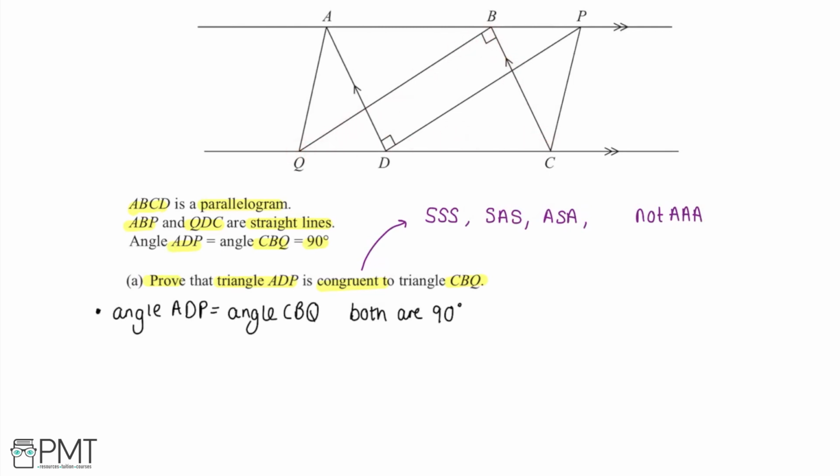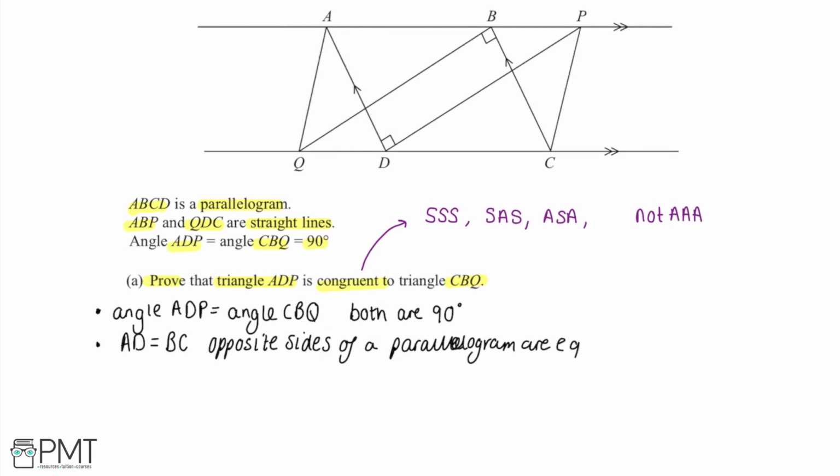So we have an equal side length in both triangles, and I can write this down too. So AD is equal to BC, and we do just need to give a little bit of reasoning here just to support our proof. And I'm just going to write down the opposite sides of a parallelogram are equal. And that is enough reasoning to get us the marks here.